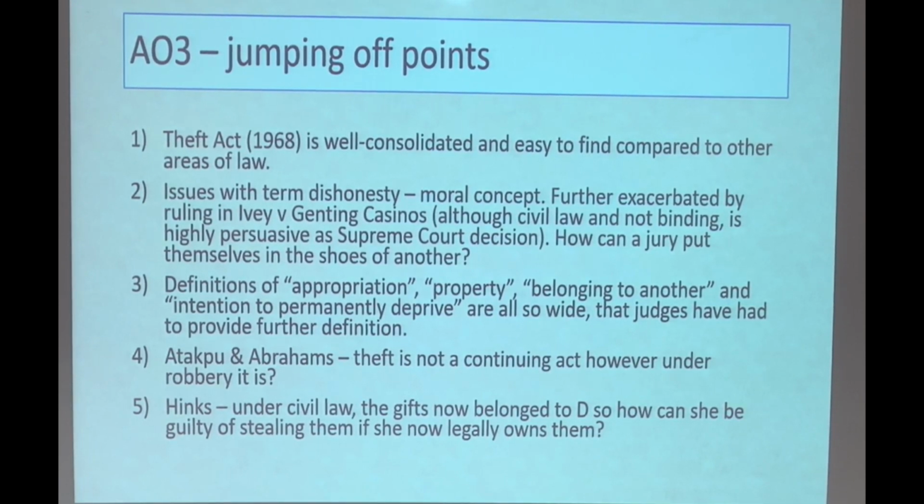Now, obviously, that wouldn't cover things like in Morris, where he swapped the price labels. So they've had to go with the assuming the rights of the owner part to cover those sort of cases. Similar with property belonging to another, they've had to expand beyond just control and possession, as that again clearly shows issues. And you had the issue there as well with Turner and Stephen property, which I'll again mention in a minute.